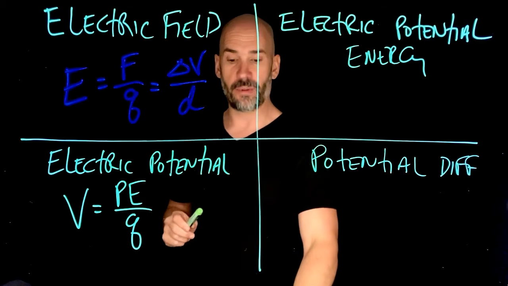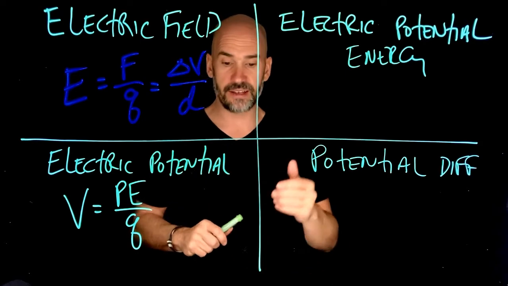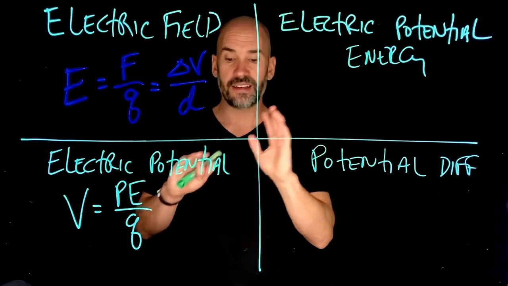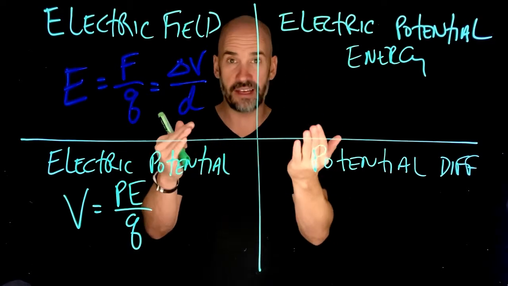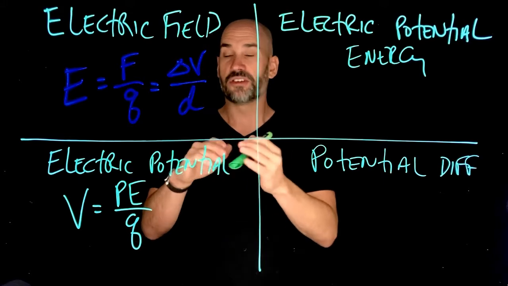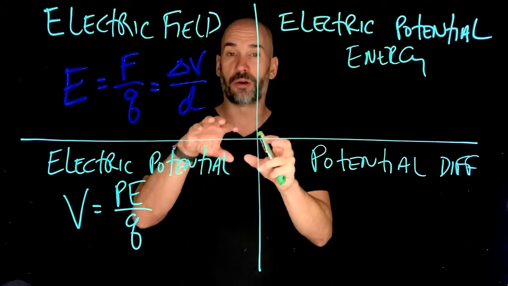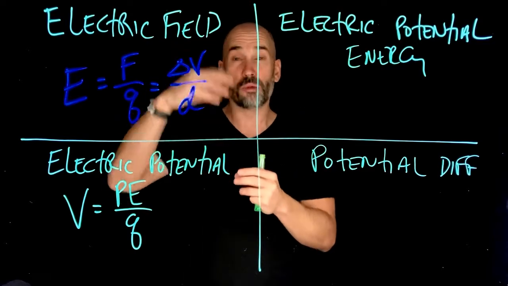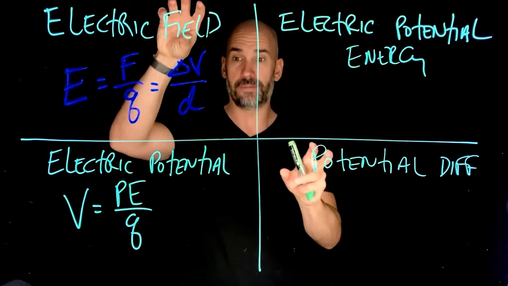Other important things to know about this electric potential is that its unit is volts, it's a scalar, and it's basically analogous to height in mechanics, right? Just like charged particles want to roll from high potential to low potential, a ball will want to roll from a high height to a low height, okay?